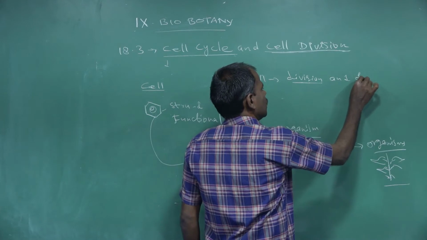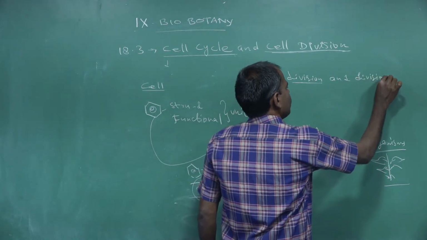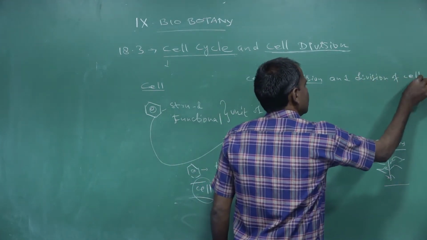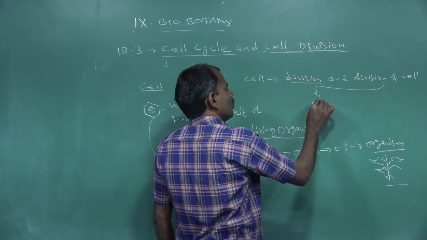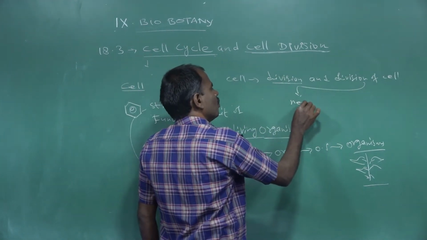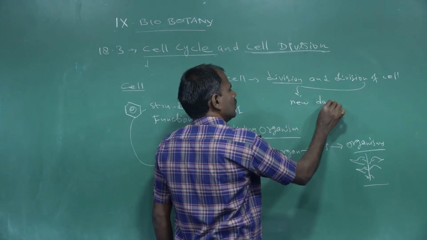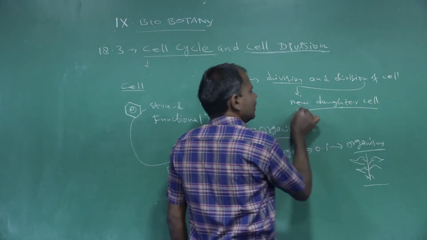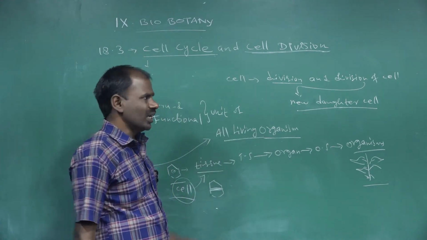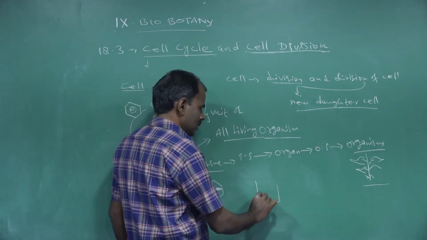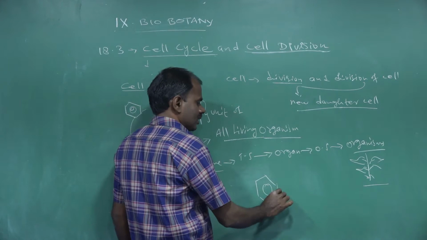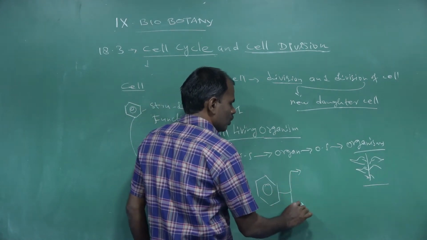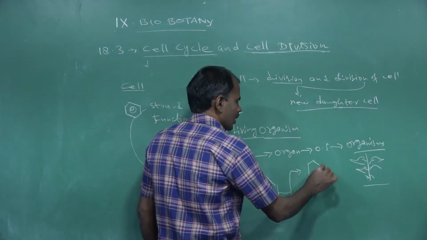Division of cells produces new daughter cells. It is a parent cell, and the parent cell can produce two new daughter cells.